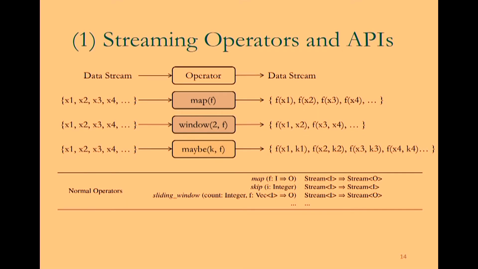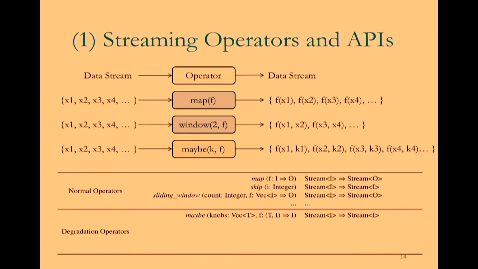The new operator that this work introduces is called a maybe operator that is parameterized by k, which is a tunable knob. And this maybe operator basically allows the application developers to provide some hints to their system as to what aspect of the application can be adapted or degraded to support a smaller bandwidth.